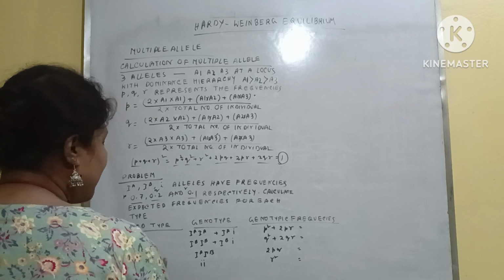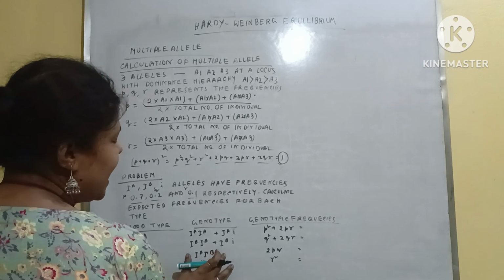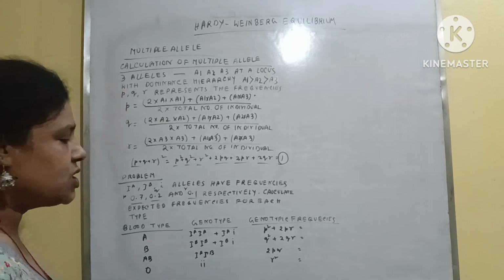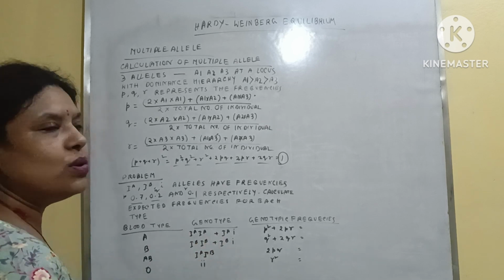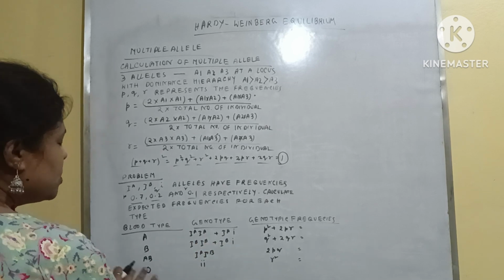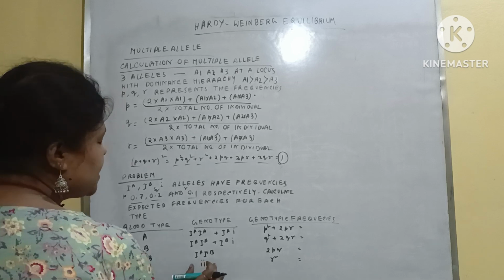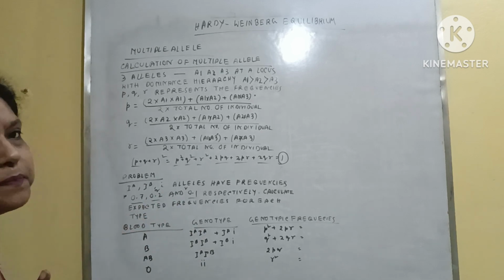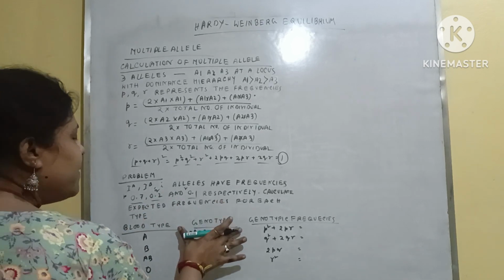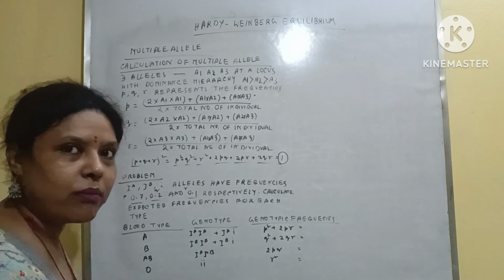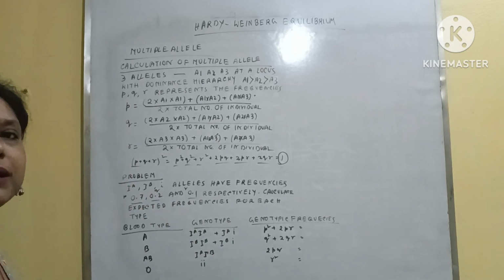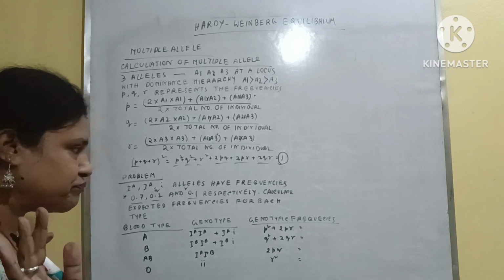And in case of AB, it is IB IA, this is the only possibility. And in case of O, there is only one possibility, that is 2 small i. So if you write this in the genotypic form, then the calculation will be very easy for you.